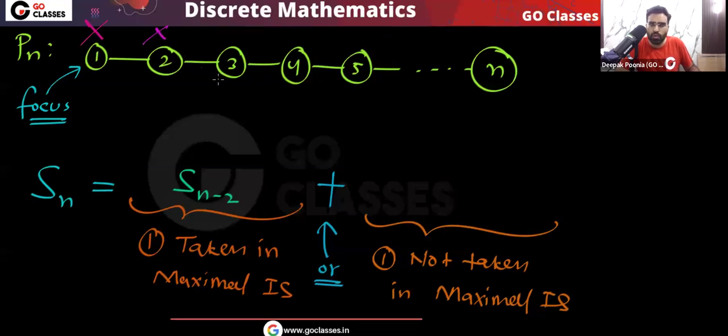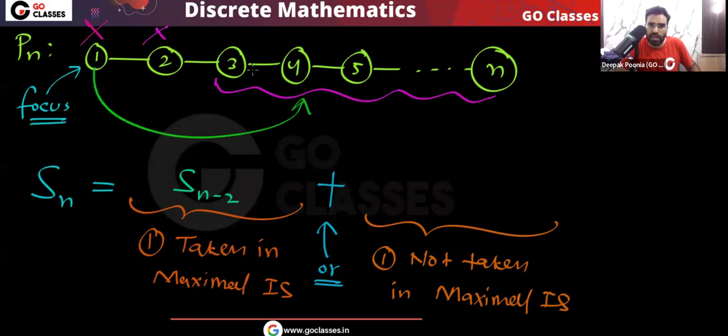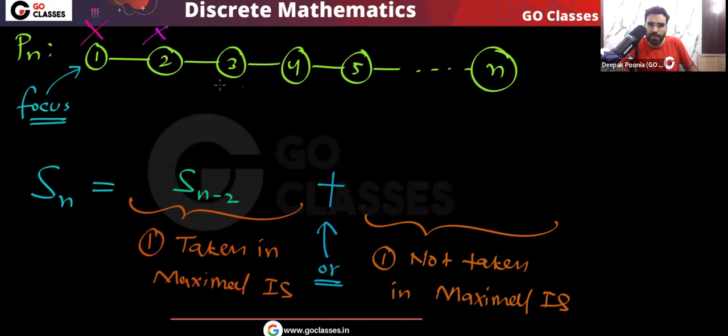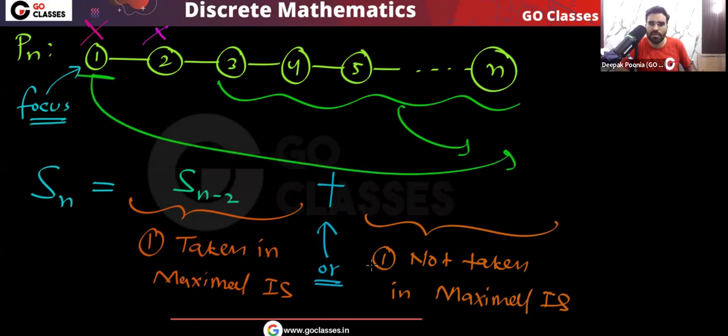If you don't take 2, and then you make some independent set, that will not be maximal, because this 1 is not adjacent to any of these vertices. So you can add this one. Do you agree with me? Here, if I make an independent set, then that will not be maximal, because I can add 1 to it.